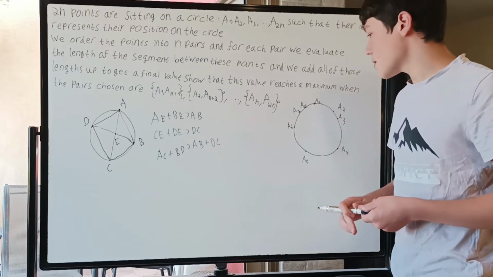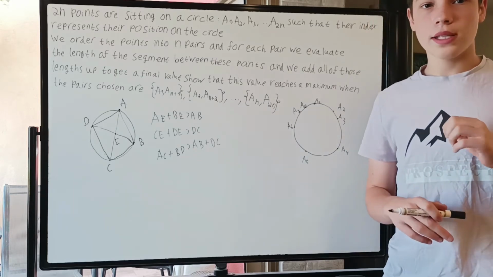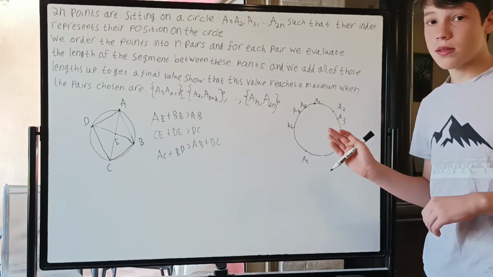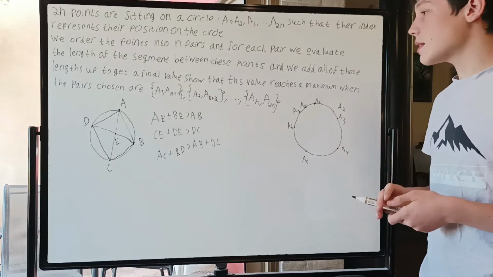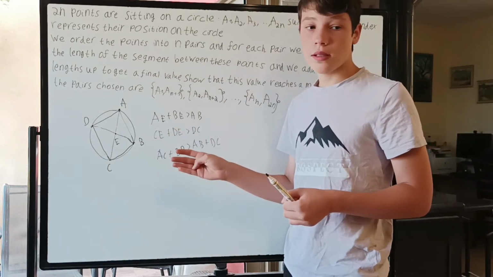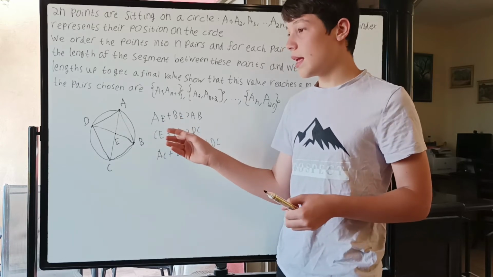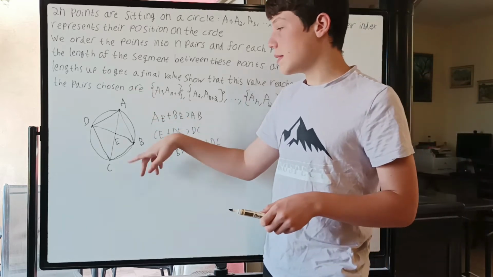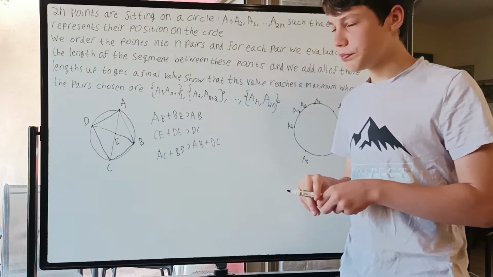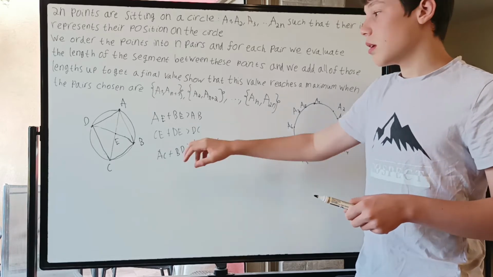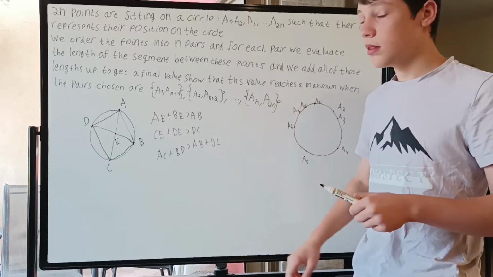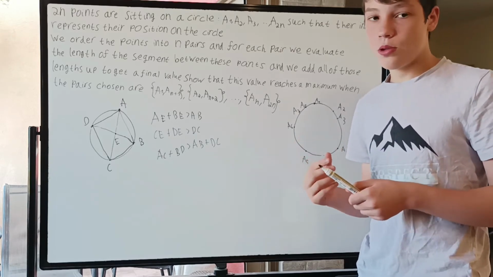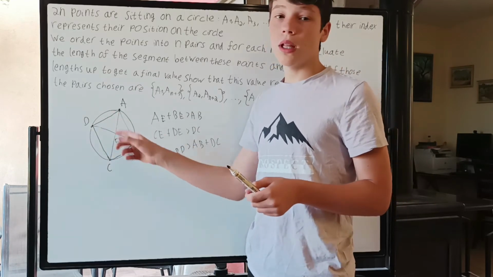Alright, so now let's understand this for the general case. First of all, what this tells us is that for any 4 points A, B, C, D, if 2 pairs are chosen from them, then the maximal value that we can get from these 2 pairs is if we make the 2 lines cross.